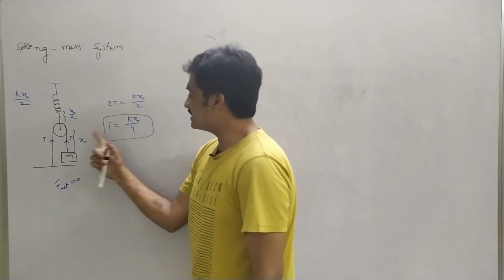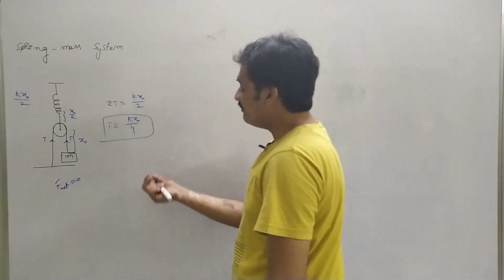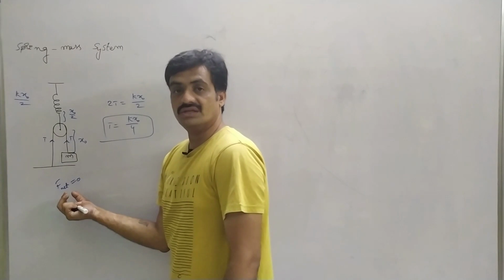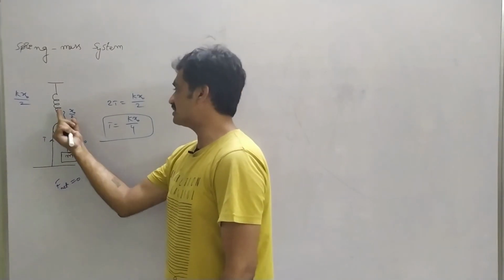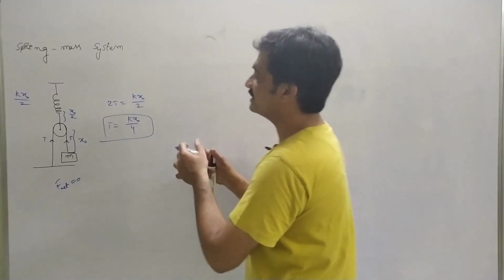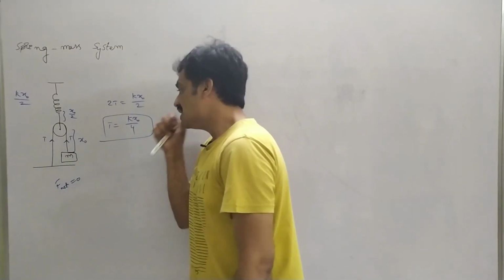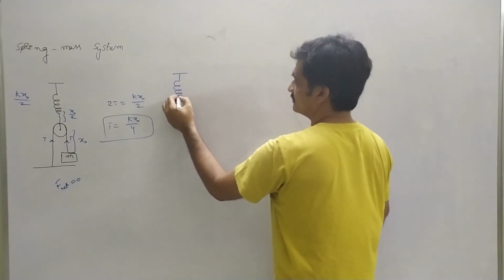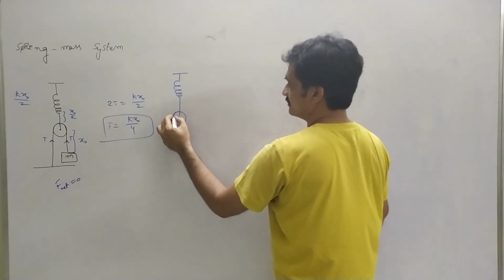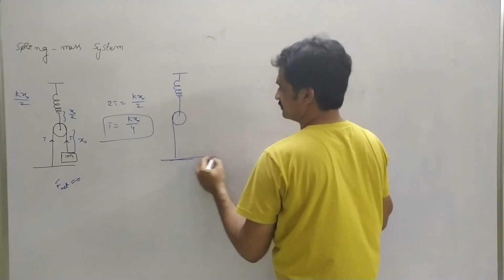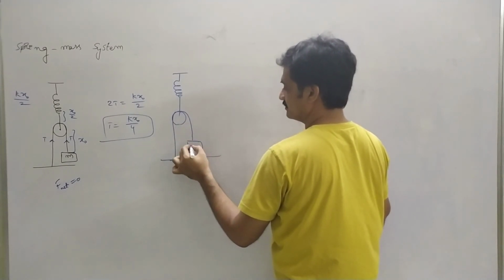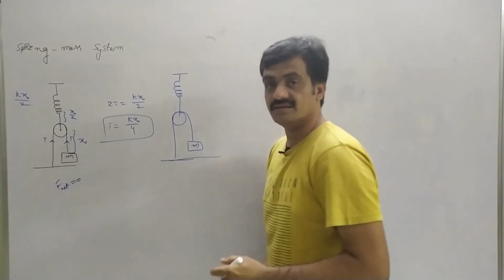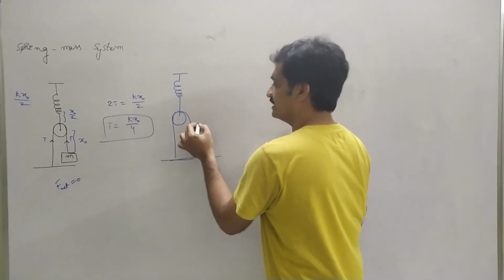Now here we had represented a tension. Now when we pull the body in the downward direction and it starts oscillating about its mean position, we have to represent the equation of the force. The displacement made by the body is x.